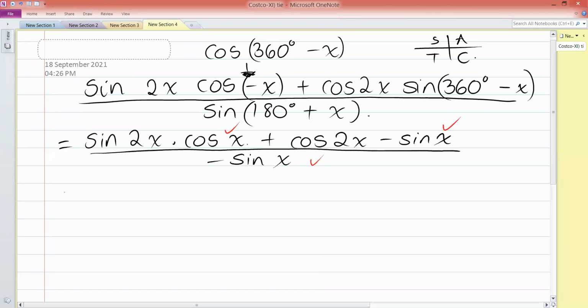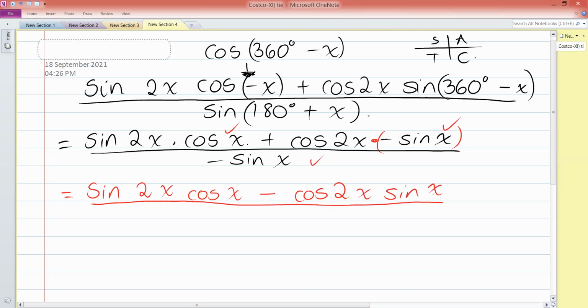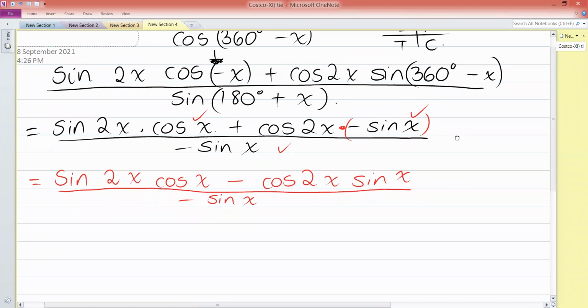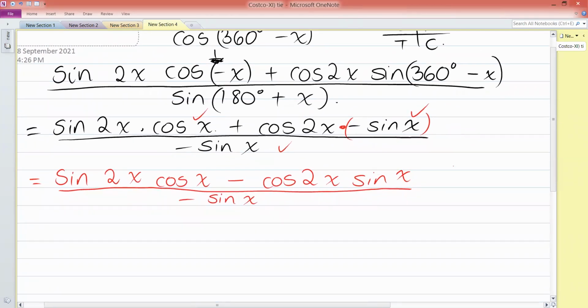Now, next step. Remember, this is multiplication. We're not subtracting that, it's still multiplication. So what you have now is sine 2x cos x minus cos 2x sine x, all divided by negative sine x. Now, looking at your numerator, it looks like a compound angle, doesn't it? Can you guys see that or no?